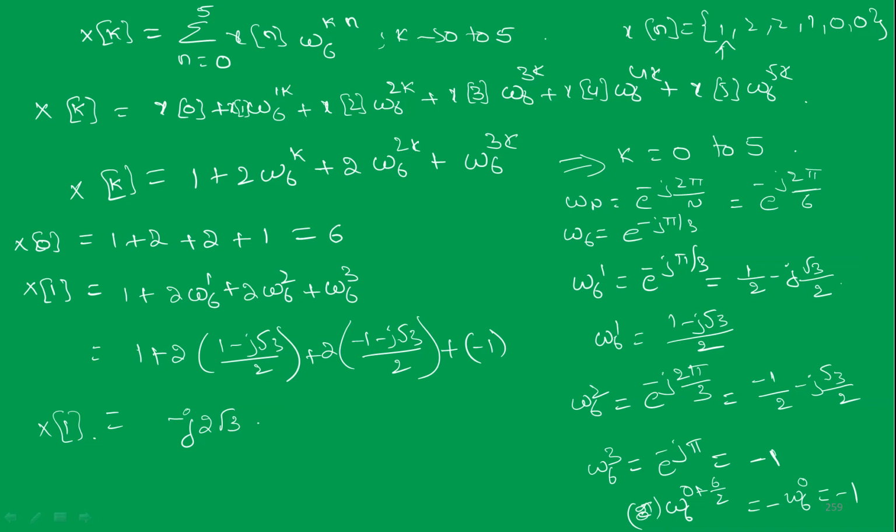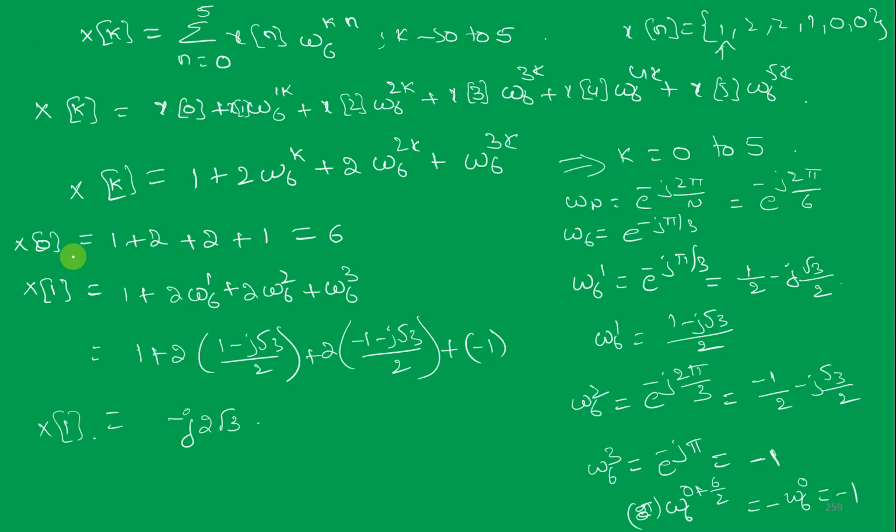Similarly, X of 2. Here apply k equal to 2. So now 1 plus 2 W6 power 2, then 2 W6 power 4, W6 power 6.